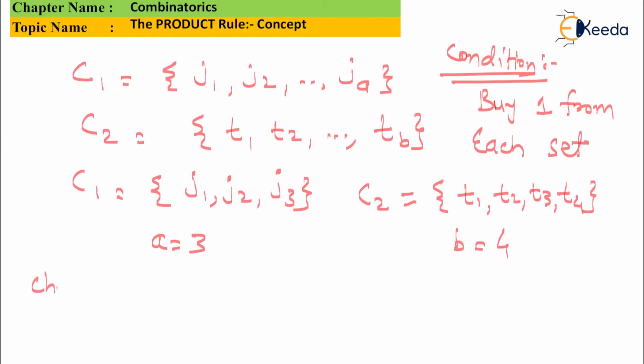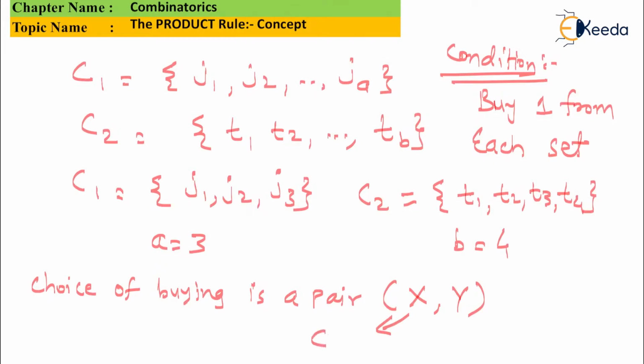So basically the choice of buying is actually a pair. I will say capital X comma capital Y. So without any loss of generality, we can say that X comes from the choice set 1, and let's say Y comes from choice set 2.